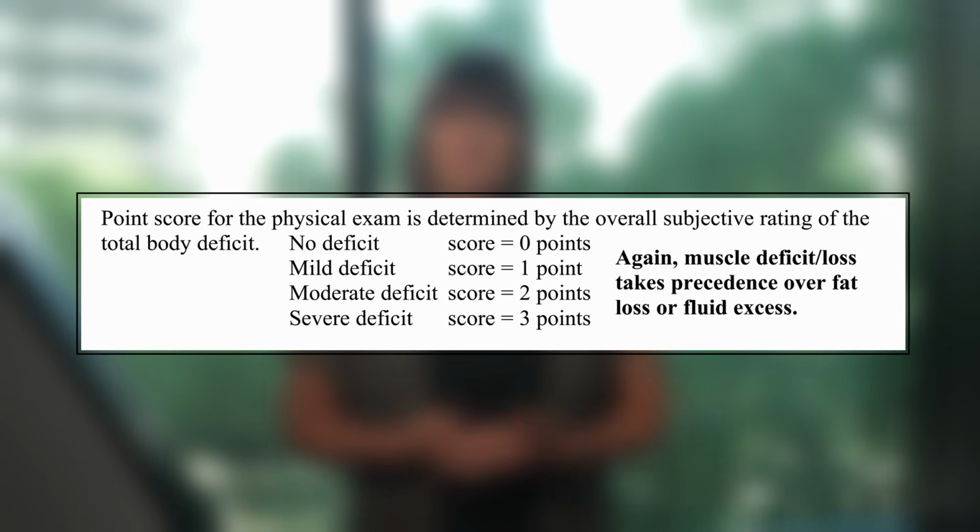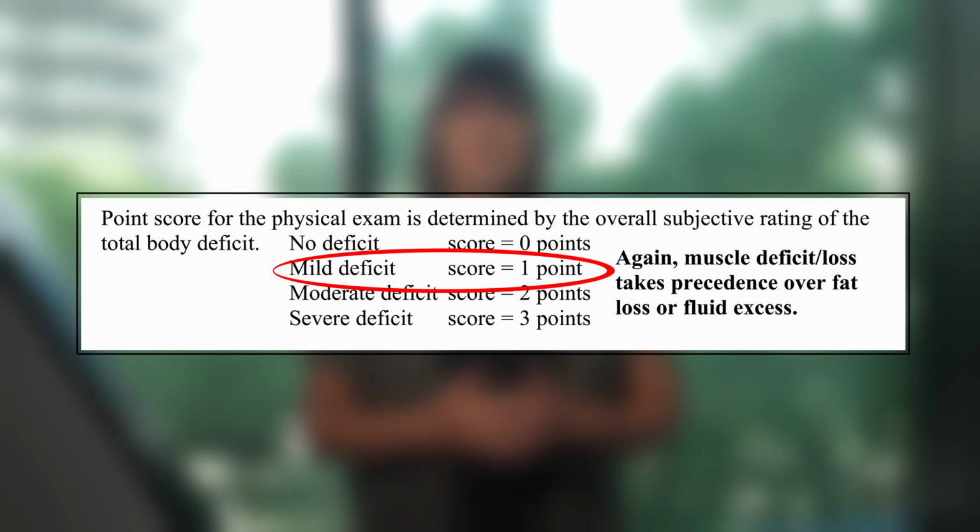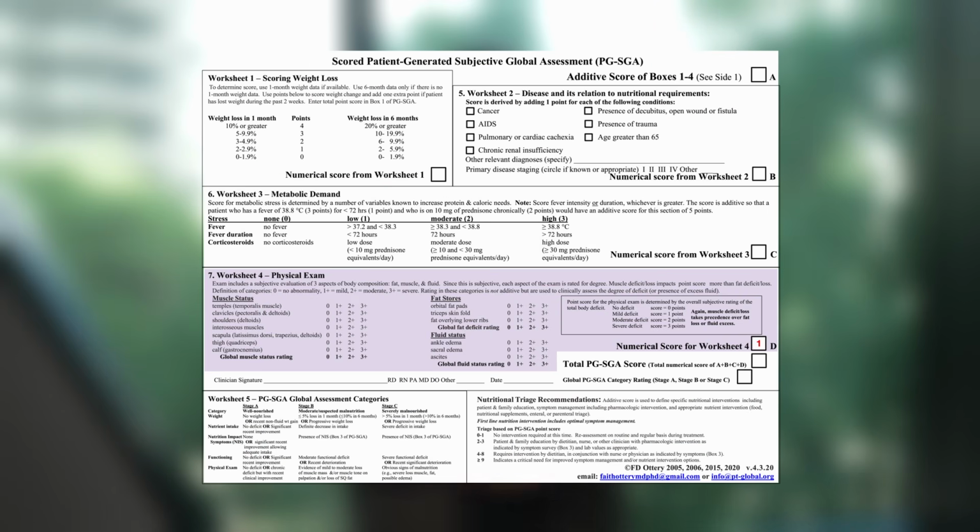Using clinical judgment, determine the overall subjective rating of total body deficit, noting that muscle depletion takes precedence over fat loss or fluid excess. Scoring for Worksheet 4 is not additive. Assign an overall subjective rating of total body deficit based on the global assessment. To score, record the points, that is 0, 1, 2 or 3 in box D.